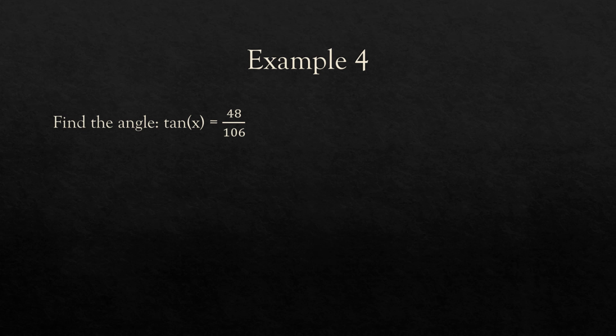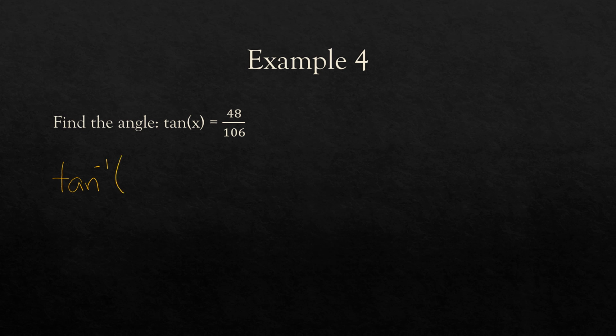Last example today, find this angle, tangent of x, meaning I don't know what my angle is. That ratio is 48 over 106. When I'm trying to find what the angle is, in my calculator, I'm going to use the inverse function of tangent. So it usually looks like this in your calculator.